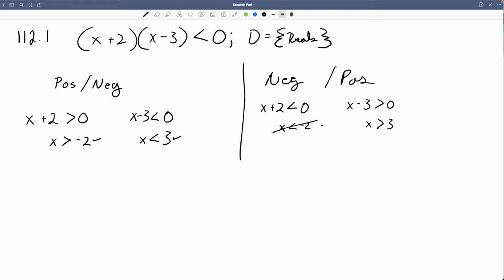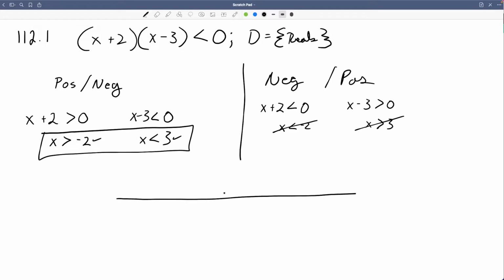No. Neither one of these works, because a number that is greater than 3 cannot be less than negative 2. These, however, are the ones that work and the ones we'll graph. When you have a less than symbol, you're not going to have one solution from each side. You're going to have both solutions from one side or the other. And instead of having a disjunction, as with a greater than symbol, when you have a less than symbol, you're going to have a conjunction.